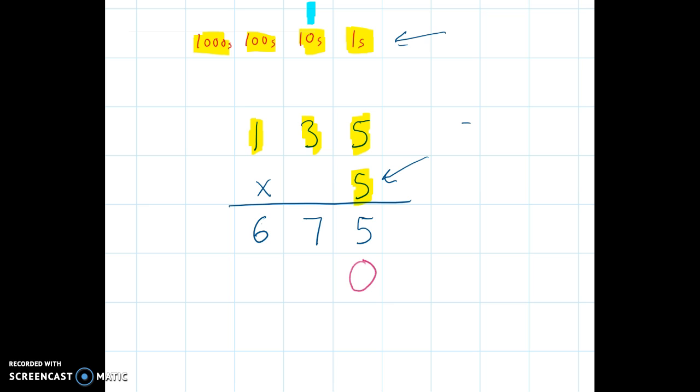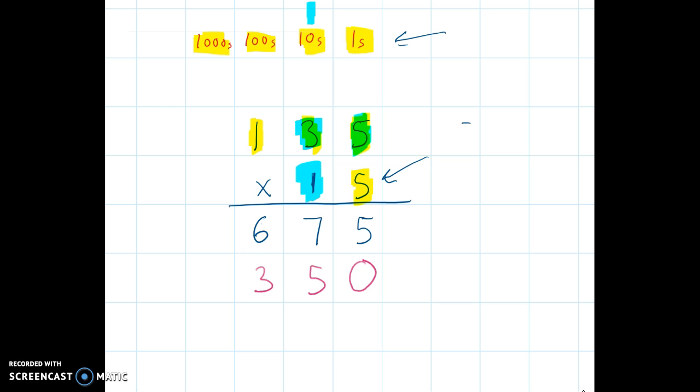Now, let's go ahead and put that 1 back. So, first thing I do is I need to multiply the 1 right here by the 5. So 1 times 5 is 5. Then I have to go 1 times my 3, and that is going to be 3.